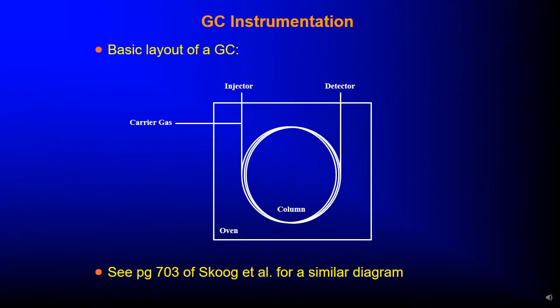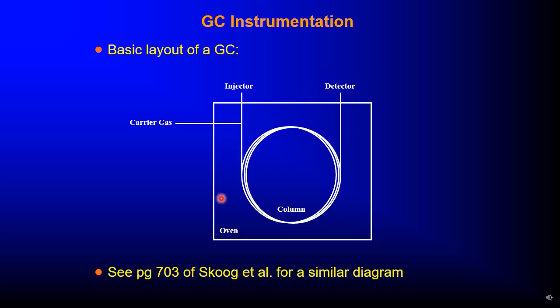So the instrumentation, this is just the basic layout, and you can see how a carrier gas gets our analyte in. There is one carrier gas going in, and the analyte goes through the injector at a right angle. Then the column is always very long, and everything is separated within the column before it reaches the detector.